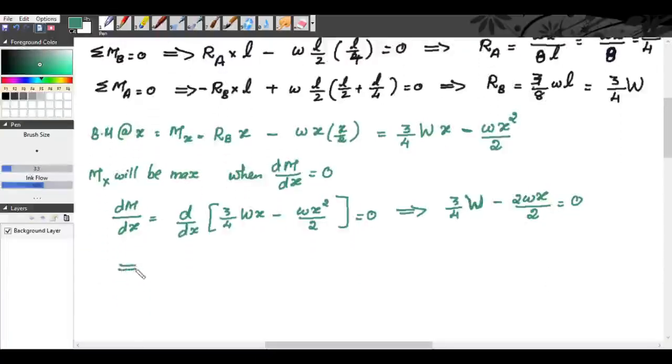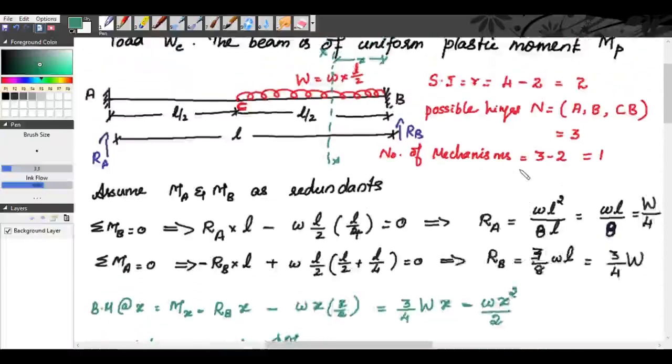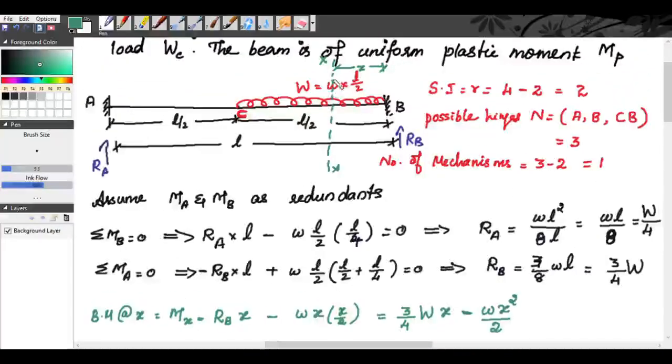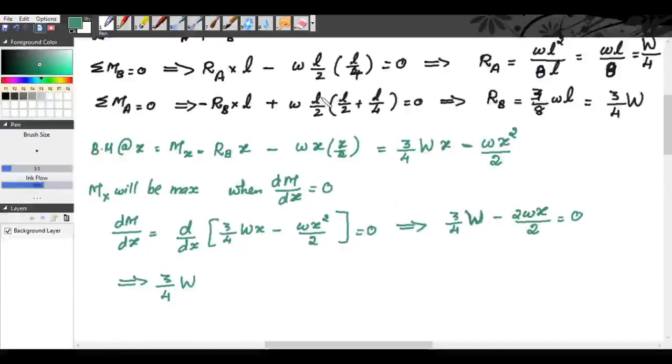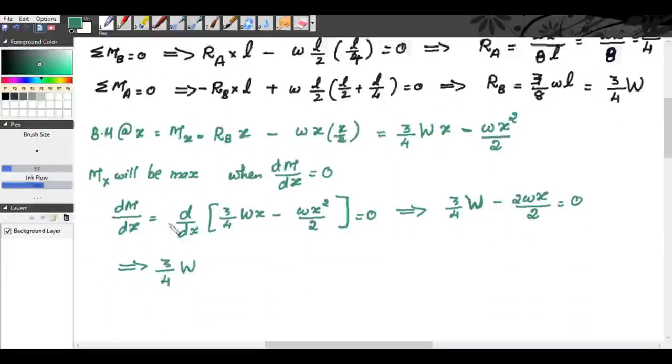So from which we get 3 by 4 w. Now what is small w? See, small w is nothing but 2 capital W by L, right?